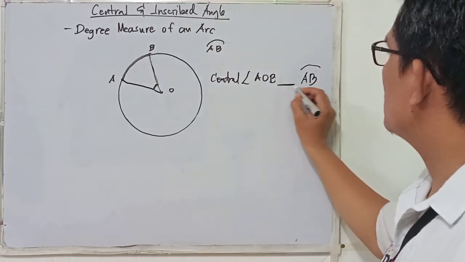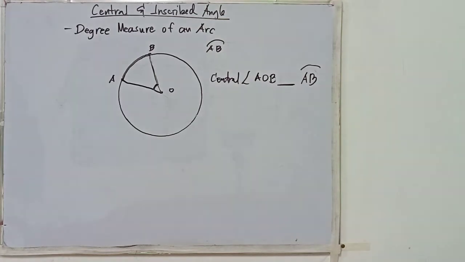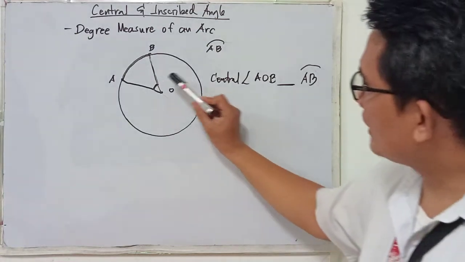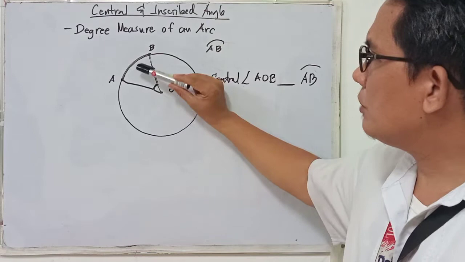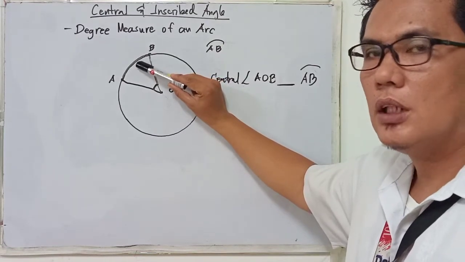What is the relationship of the two, a central angle and the arc? Whatever the measurement of our central angle will be the same measurement of our arc.